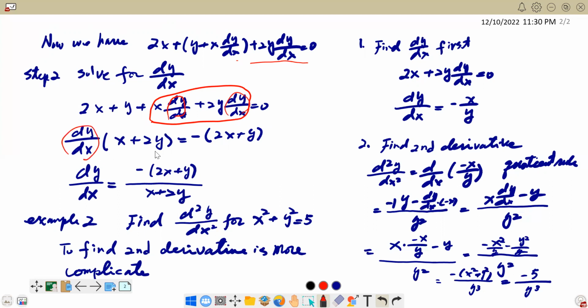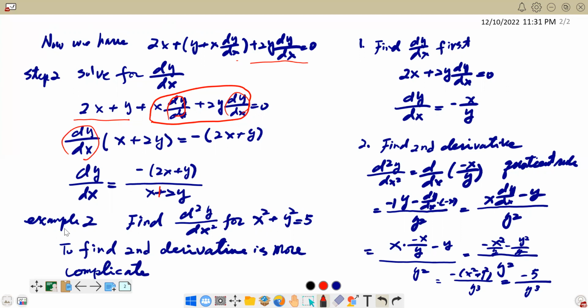So we get (x plus 2y) dy/dx equals negative (2x plus y), moving 2x plus y to the other side. Now divide both sides by x plus 2y. So I have dy/dx equals negative (2x plus y) over (x plus 2y). So that's the basic principle of implicit differentiation.